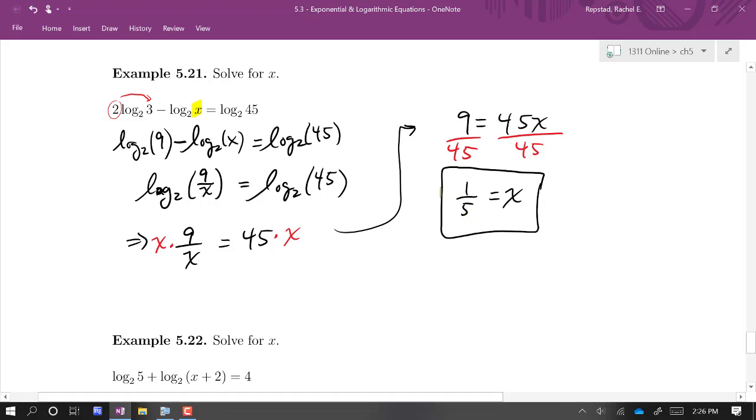If we got a value that was negative or 0, we'd have to conclude that it is not, in fact, a solution to the equation we started with. It doesn't mean that we made any mistakes. It could very well be a solution to the new equation that we make after we drop those logs out. But it just means that maybe there's no solution to the first equation that we tried to solve.